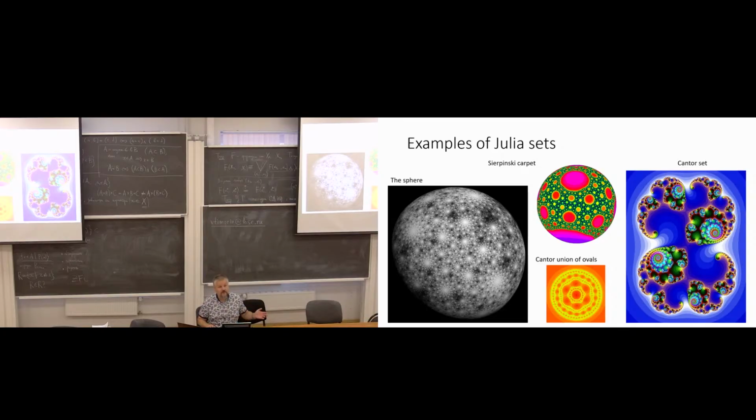So then it will be automatically homeomorphic to a Cantor set. So this happens rather often. Also, you may have a Sierpinski carpet Julia set, and a Cantor union of ovals, a Cantor union of circles, something homeomorphic to circles. Jordan curves are, by definition, something homeomorphic to circles. You may have all this.